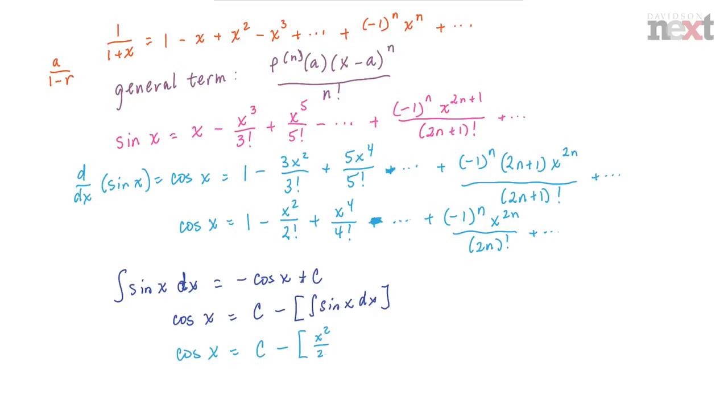the antiderivative of x, which would be x squared over 2. Antiderivative of x cubed would be x to the 4th over 4, and then times that denominator of 3 factorial. Antiderivative of x to the 5th would be x to the 6th over 6 times 5 factorial, and so on.